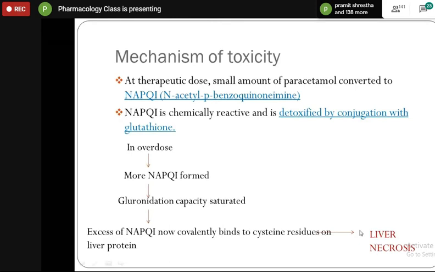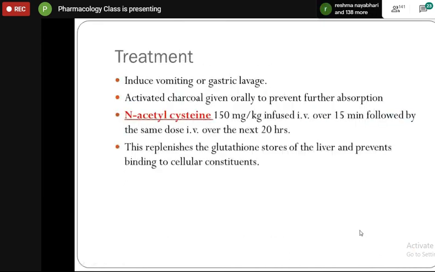Can you remember what the antidote given for paracetamol toxicity was? How was it managed? Acetylcysteine. Yes. The specific antidote for paracetamol toxicity is N-acetylcysteine, and it works by replenishing the glutathione stores of the liver and by preventing the binding of NAPQI with the liver proteins.